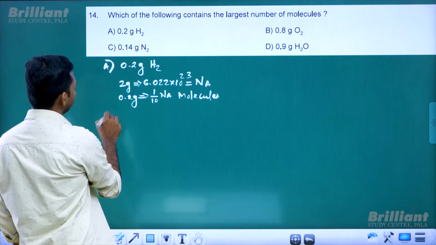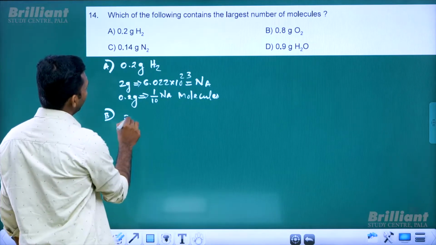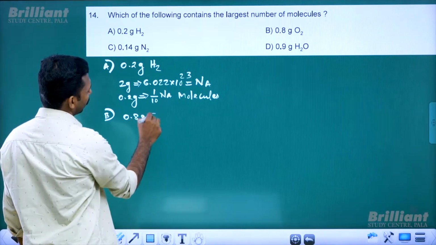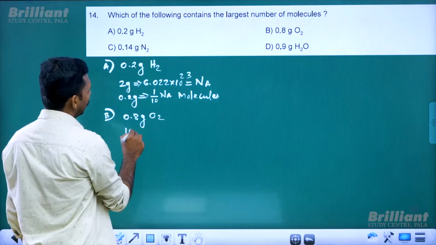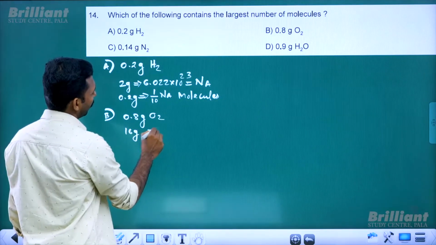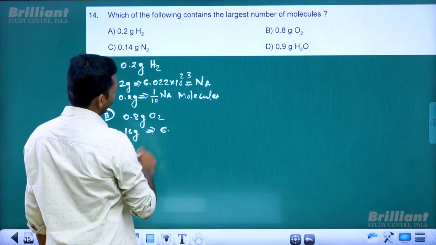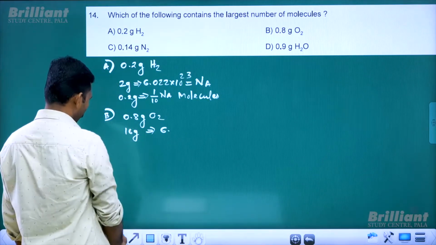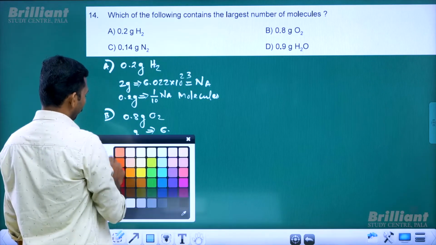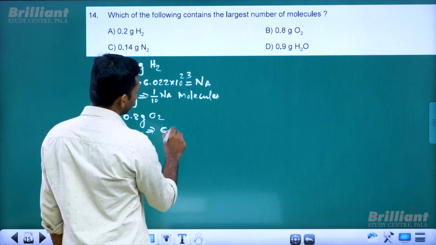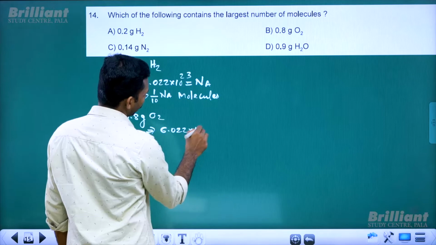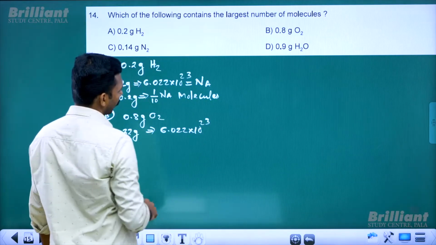Next, B. 0.8 gram oxygen. Okay, we know that 16 gram may contain 6.022, not 16 gram, it is molecule, right? So 32 gram we can use. 32 gram oxygen may contain 6.022 into 10 raised to 23 molecules.